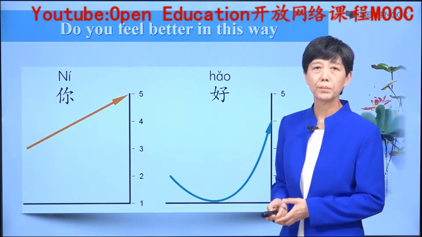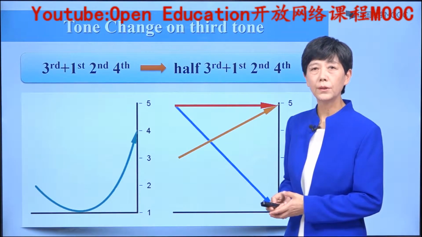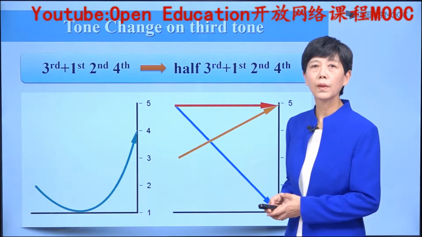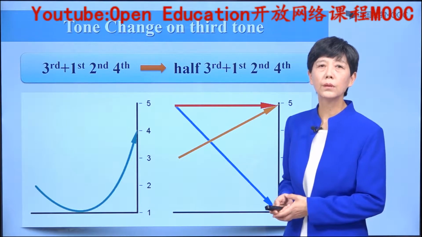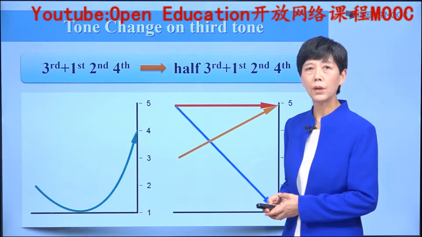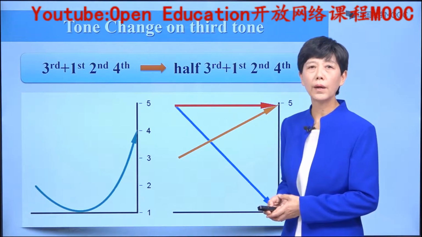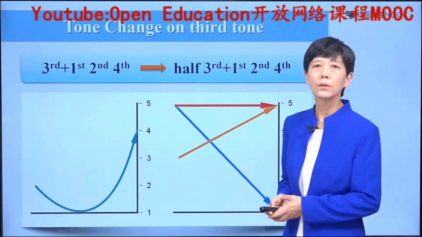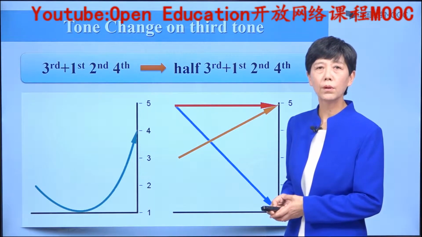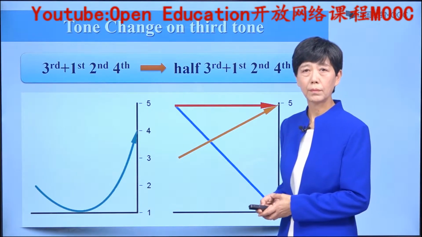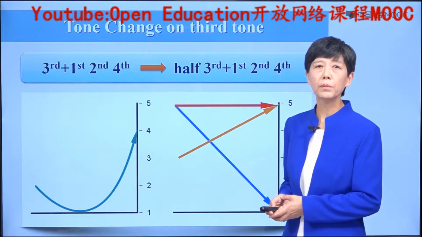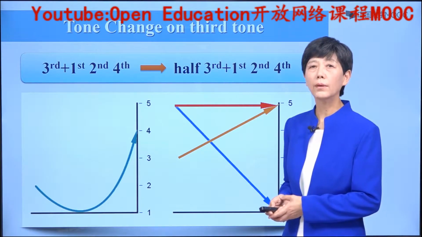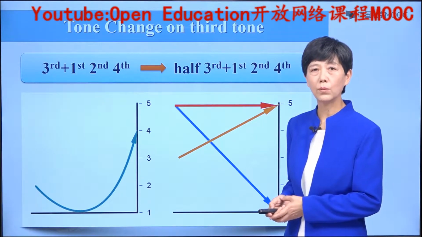Isn't it? When there is first, second, and fourth tone before a third tone, since a third tone will need to get down to low pitch and then going up to a higher pitch, speakers will not feel easy to finish each of the tones separately. In this case, Chinese people will pronounce half of the first third tone and then start to pronounce next one.